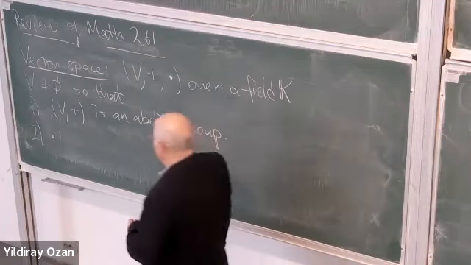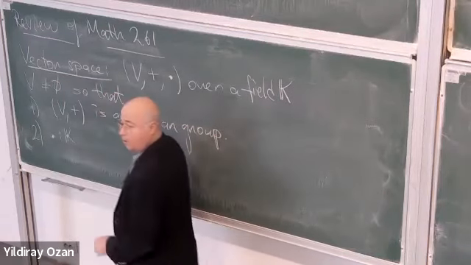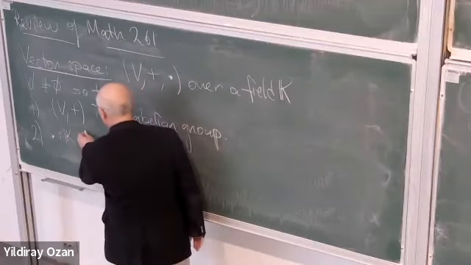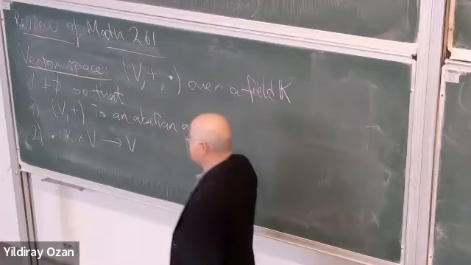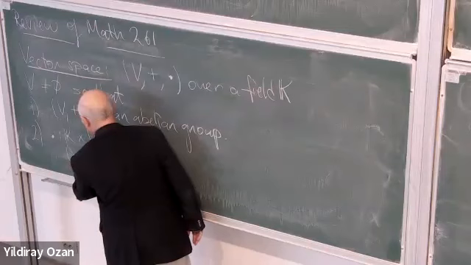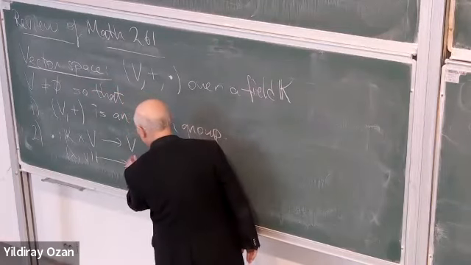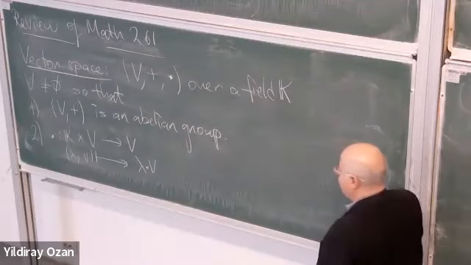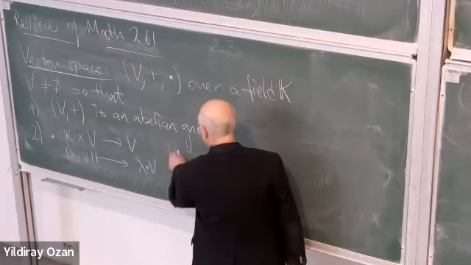And this operation is defined on the Cartesian product K cross B into B. So you take the scalar and a vector and you send this to lambda times B. So it's a binary operation.